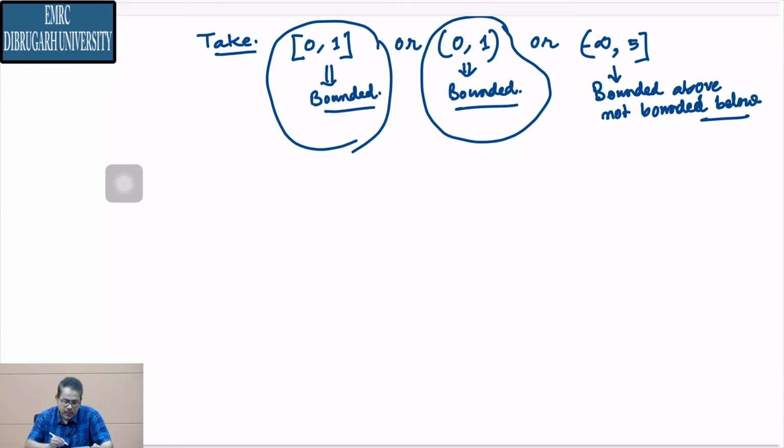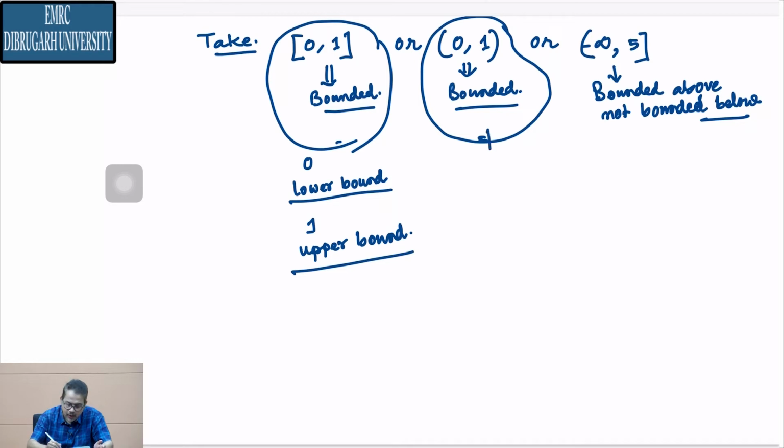Now, do you think that the boundedness of this set and the boundedness of this set are the same, or they are somehow different? You can see here 0 is a lower bound and 1 is an upper bound. Here also you can see 0 is a lower bound and 1 is an upper bound.